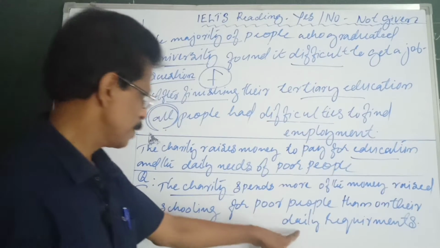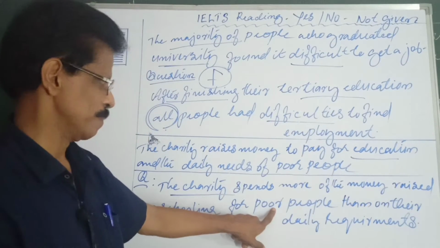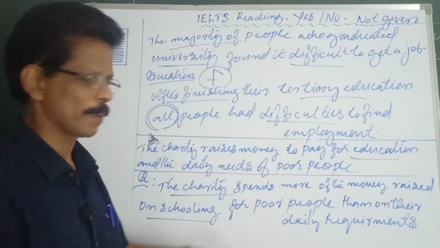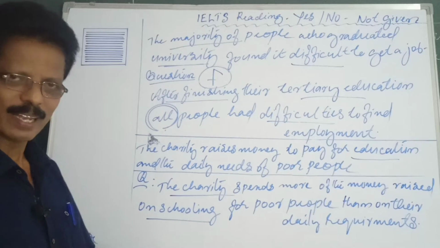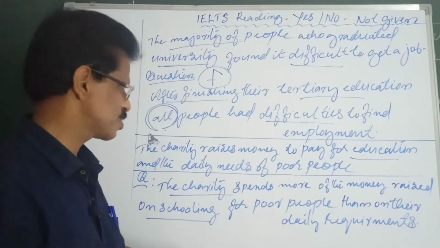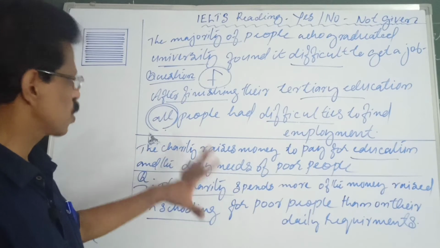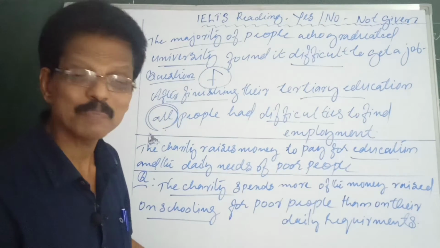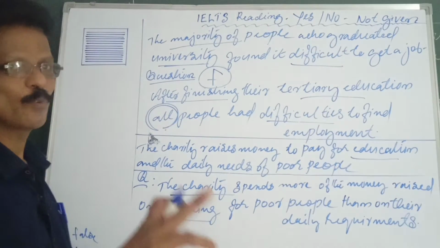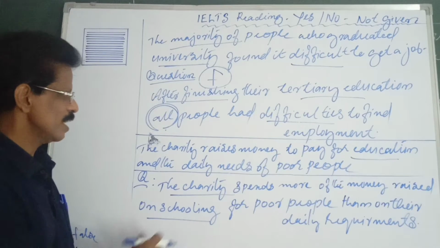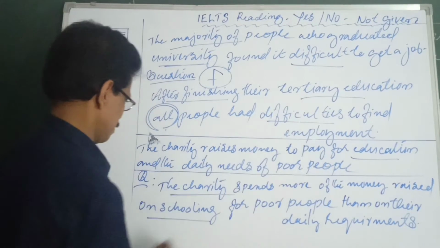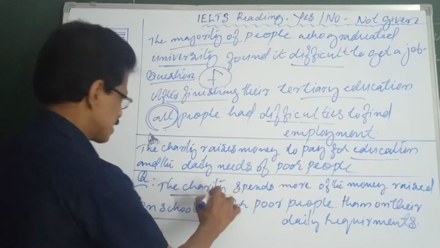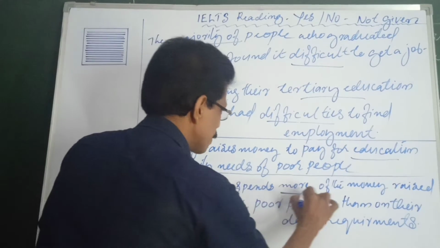So many keywords are matching. The idea is almost the same. Is it exactly the same? But what is the key? What is the twist in that? See? Money to pay, but here, charity spends more of the money.